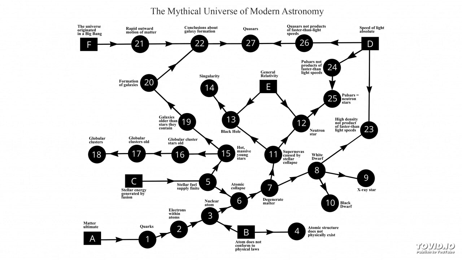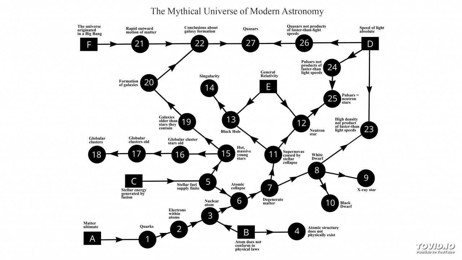I have shown the assumptions contrary to fact by letters, just as in the lower diagram. And from them, the lines of reasoning, generally sound, lead out to the numbered conclusions, with arrows showing the direction of the reasoning.